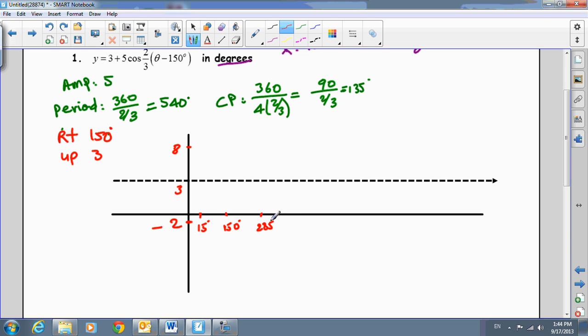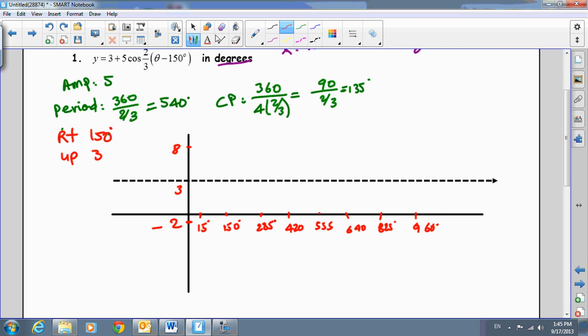All these are in degrees. So you go ahead and label all your graph. This is 285, this is 420, followed by 555. The next one will be 640, followed by 825 and 960.